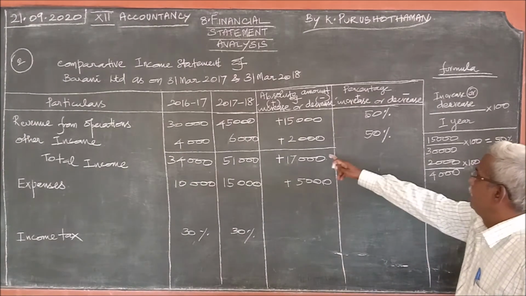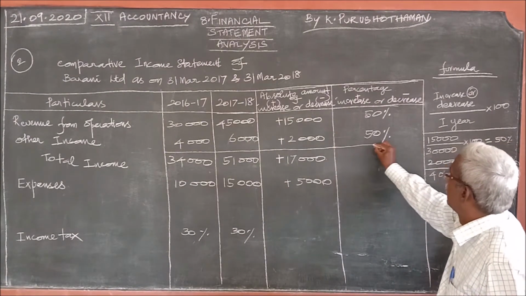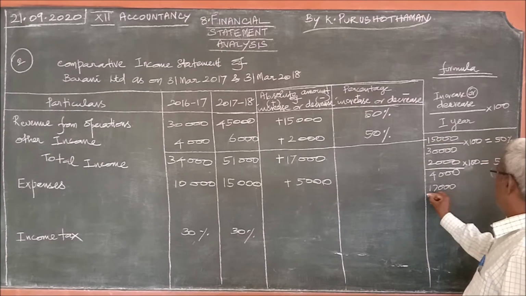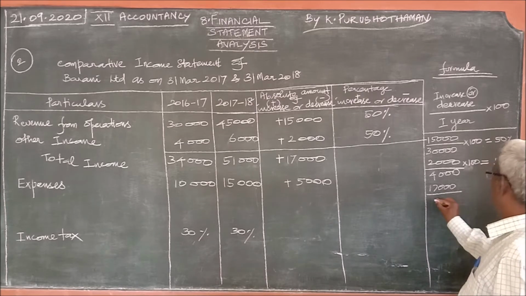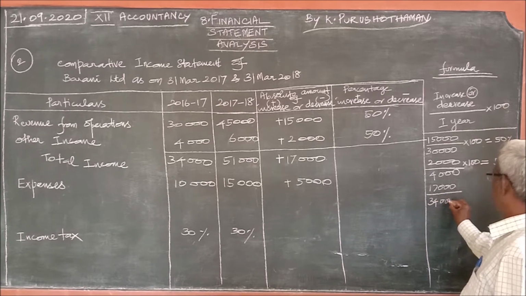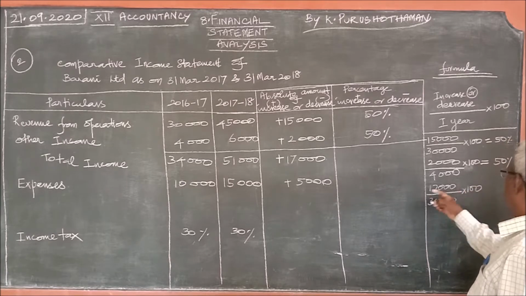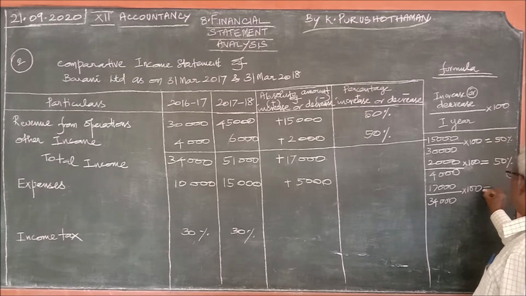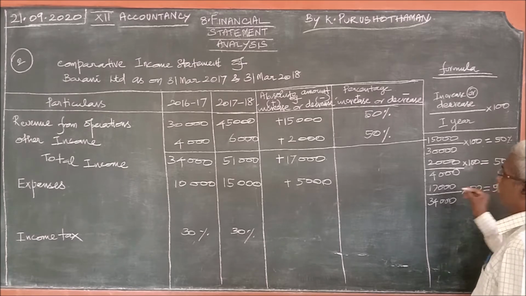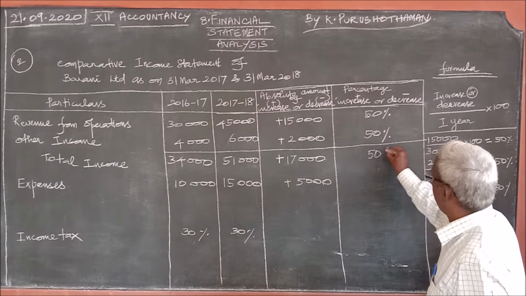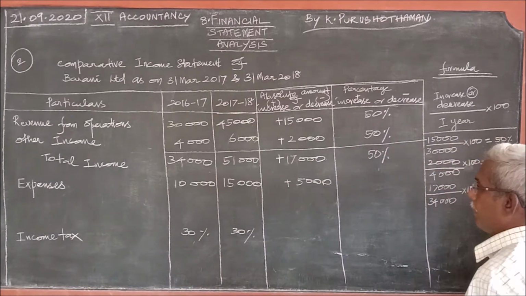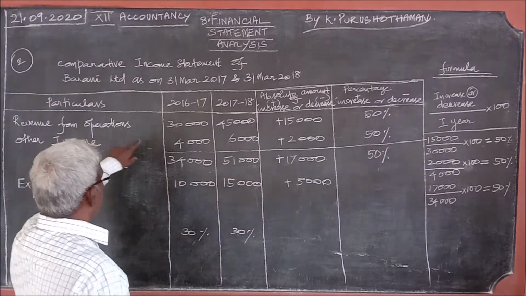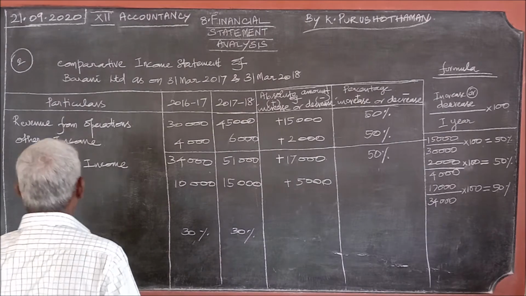Increase 17,000 by first year 34,000 into 100. If you simplify, you get 100 by 2, 50%.